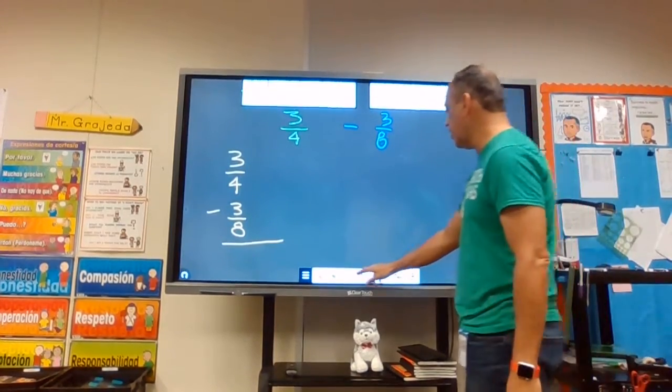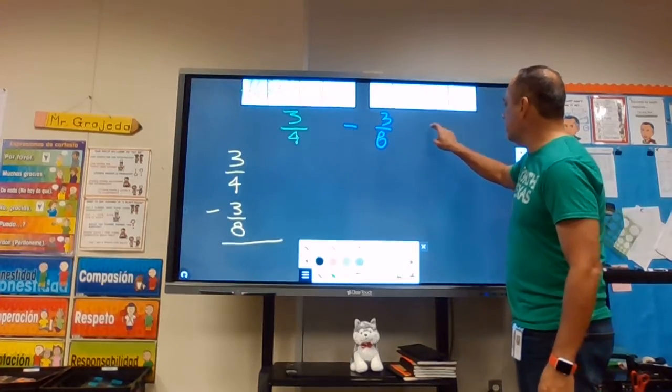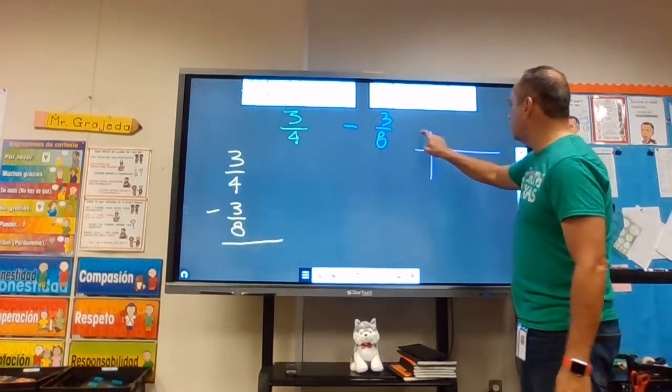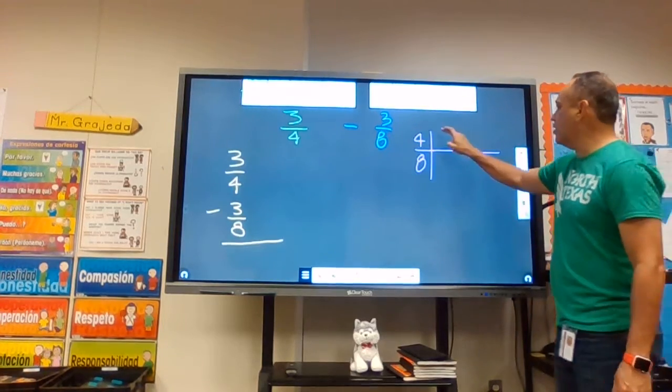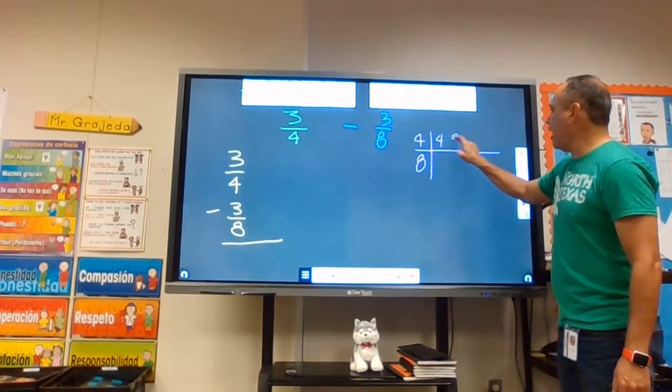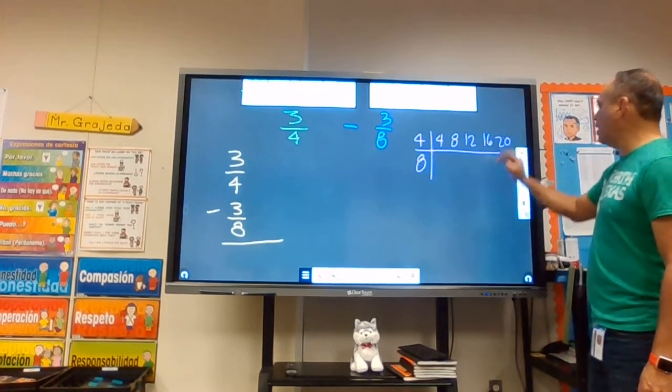So we're going to go ahead and write down the multiples of 4 and 8, because those are denominators. So we're going to have 4, 8, 12, 16, 20, and I'm going to stop there.